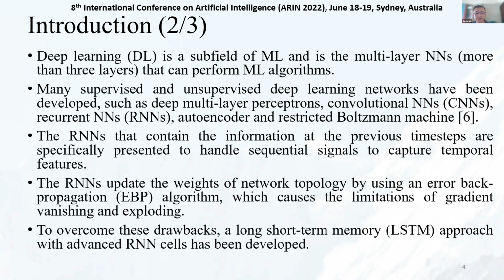The RNNs update the weights of the network topology by using the EBP algorithm, which causes limitations such as gradient vanishing and exploding. To overcome the drawback, the long short-term memory approaches with advanced RNN cells have been developed.